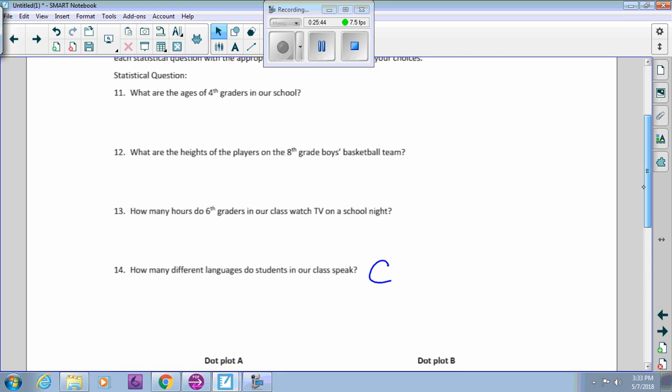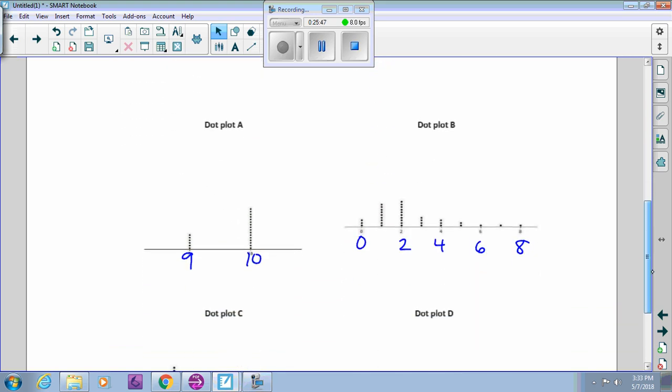Okay. Ages of 4th graders. So ages of 4th graders would be about 9 and 10.